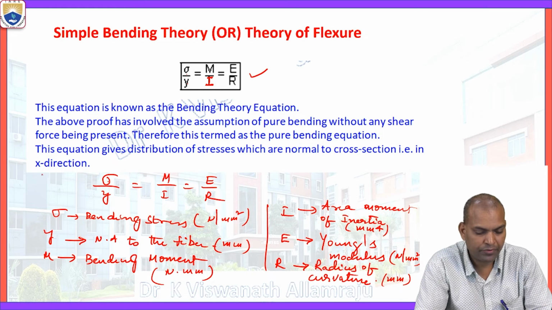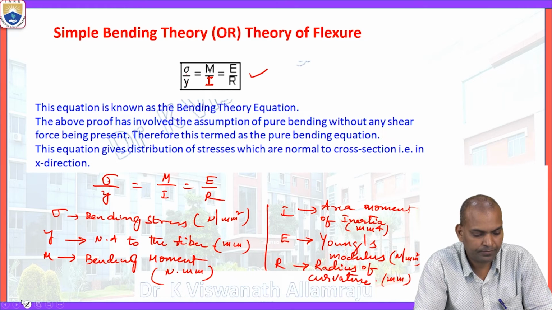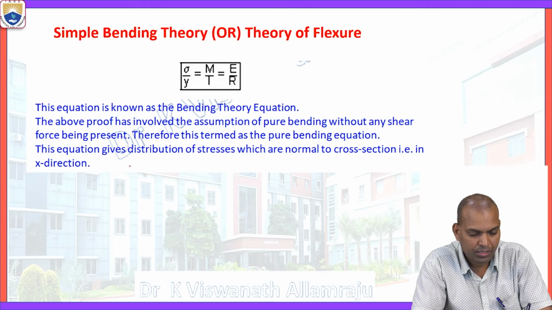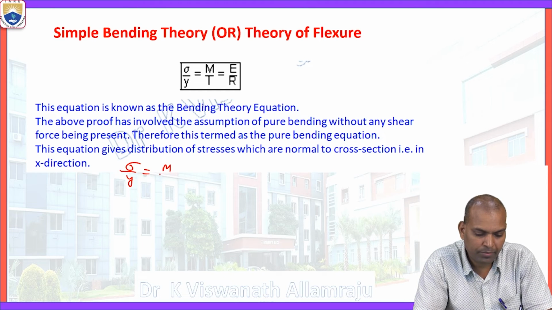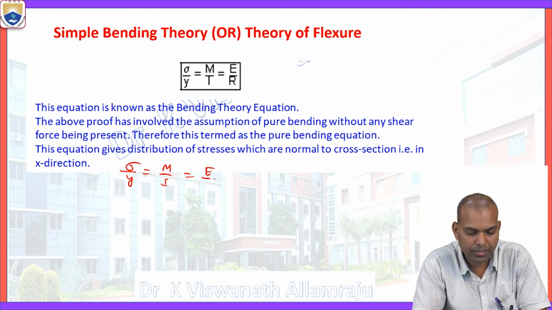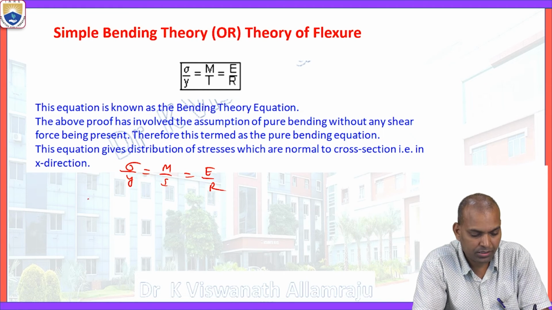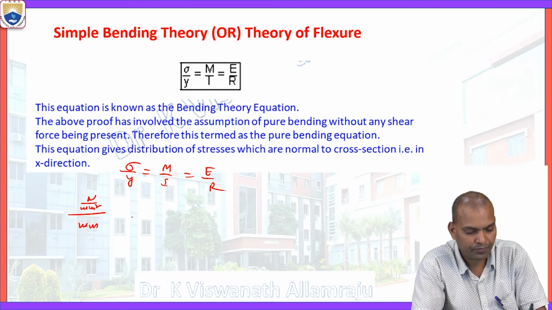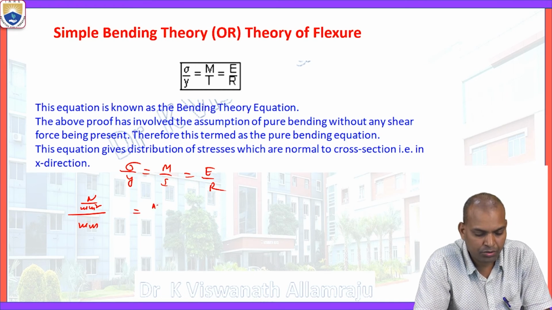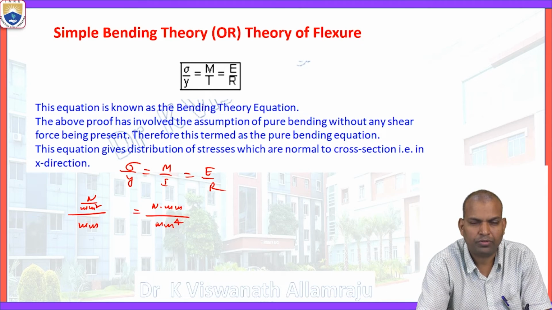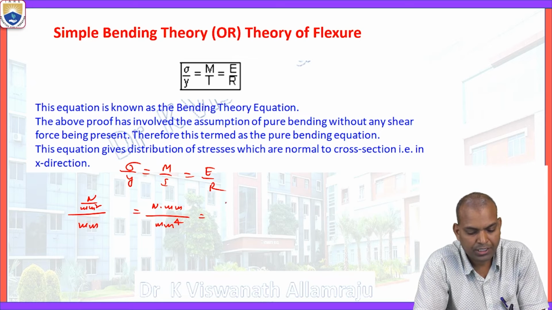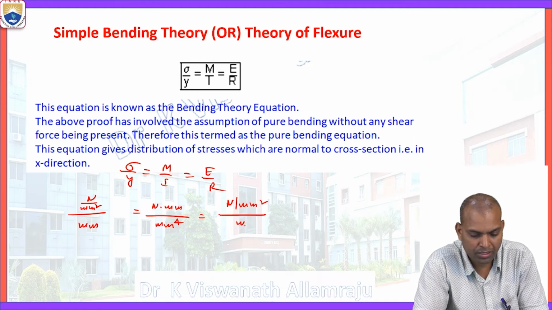If you follow the relations between sigma by y, M by I and E by R: sigma by y is Newton per square millimeter by millimeter, M by I is Newton millimeter by millimeter to the power 4, and E by R is Newton per square millimeter by millimeter.